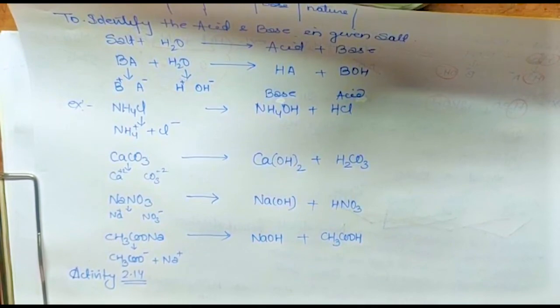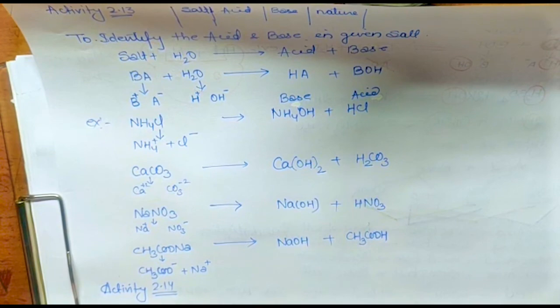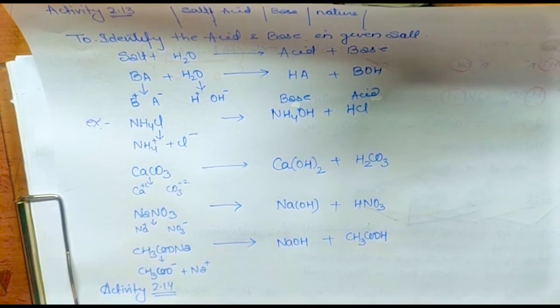Collect the following salt samples: sodium chloride, potassium nitrate, aluminium chloride, zinc sulfate, copper sulfate, and check their solubility in water, whether soluble or not. You just leave this column blank. I will explain solubility in the next class. And check the action of the solution on litmus or fine pH paper. That means you are supposed to write the tentative pH and the acid, base, or neutral type. So that you can do.